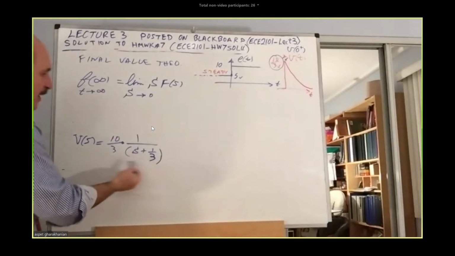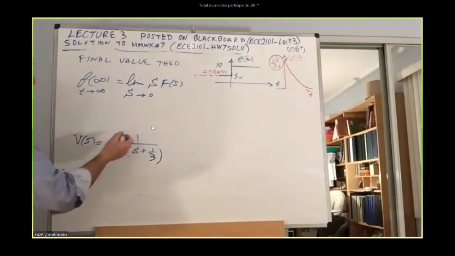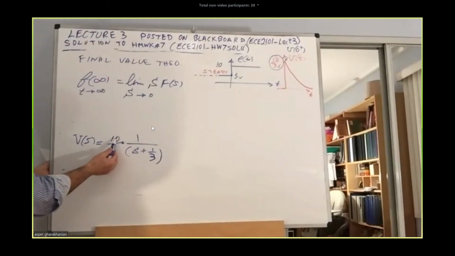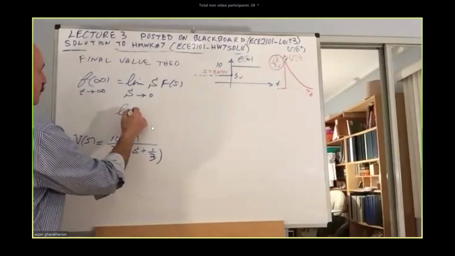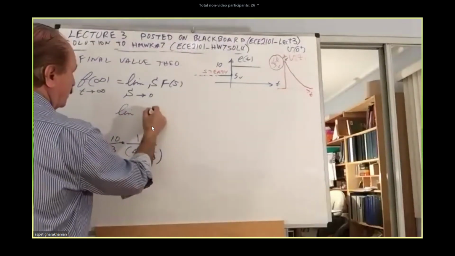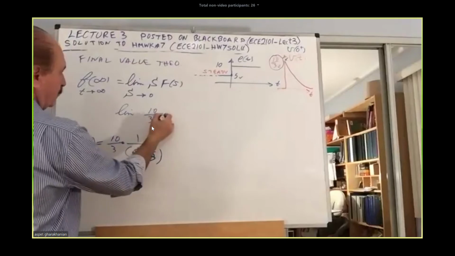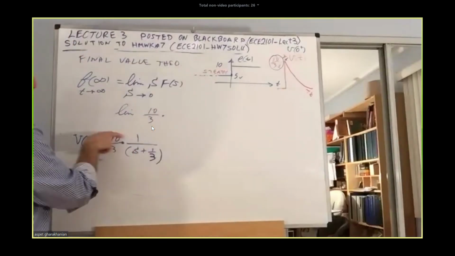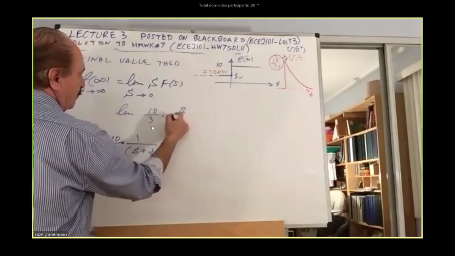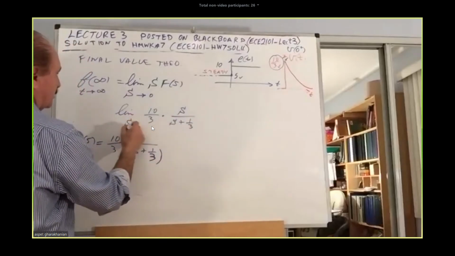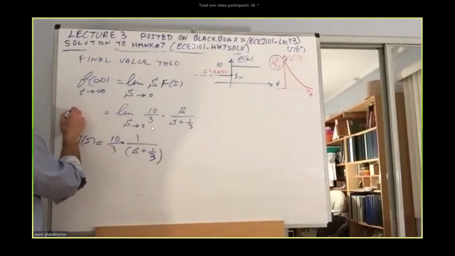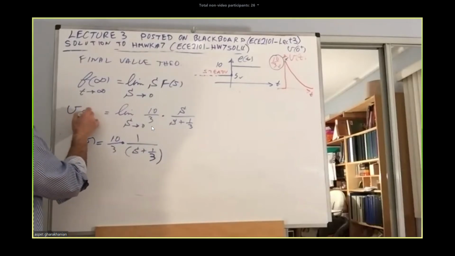Okay, let us apply it to this equation. Your V of s is 10/3 times 1 upon s plus 1/3. So what is the limit of 10 over 3 multiplied by s over s plus 1/3 as s approaches 0? This is the v of infinity.